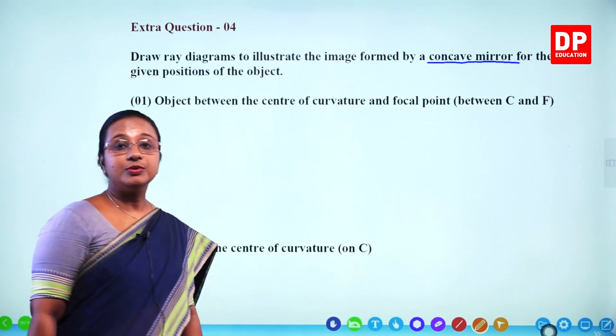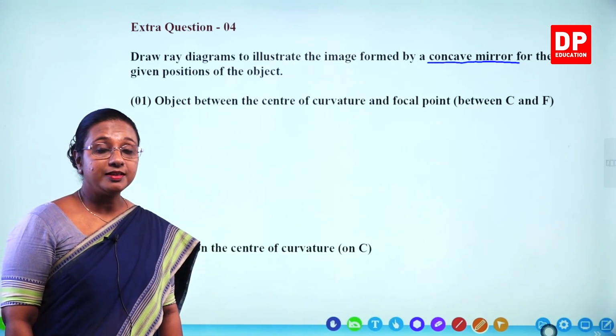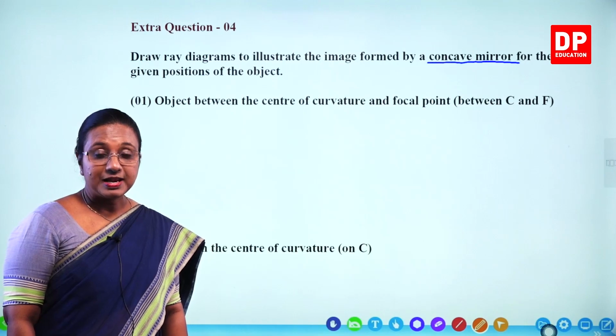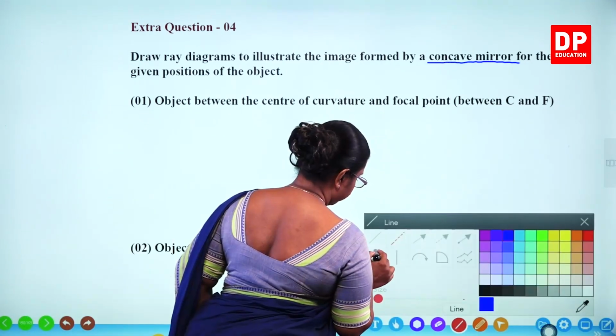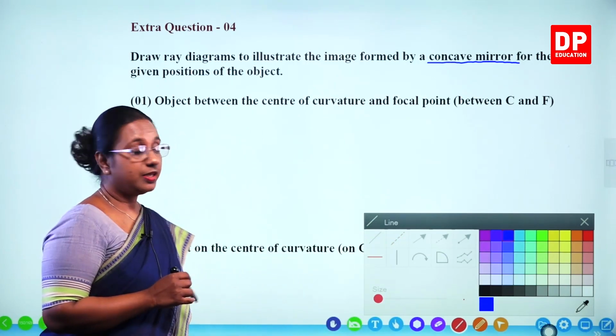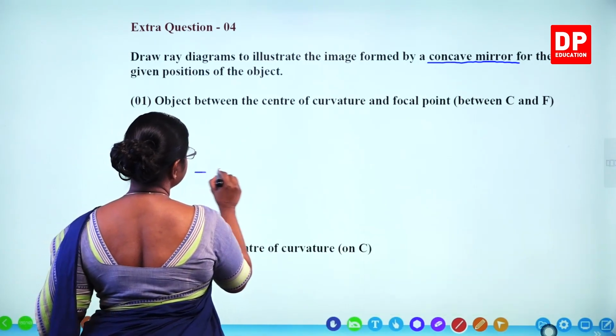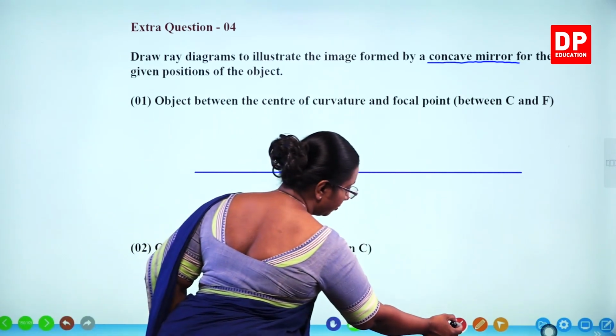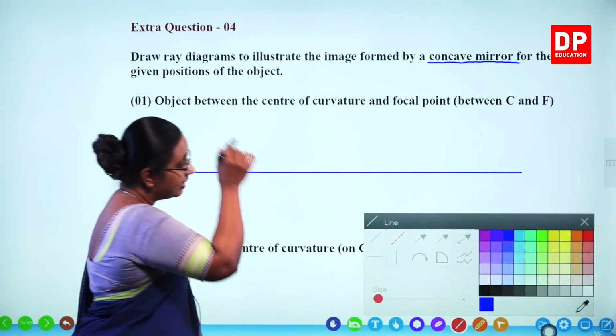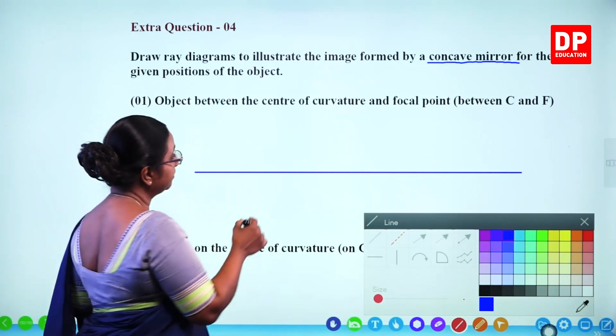Then how do we do that? We start by drawing the principal axis, then the mirror. Yes. So first we need to draw the principal axis. Then what do we do? We show the line for the mirror.